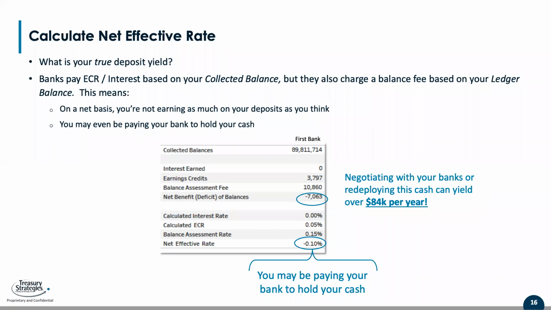And this is one of those things where, as we've mentioned, you can negotiate or redeploy this cash. In this particular example, to the tune of roughly $84,000 over the course of the year of additional benefits by just trying to work through and at least not paying out for holding your deposit balances at your bank.